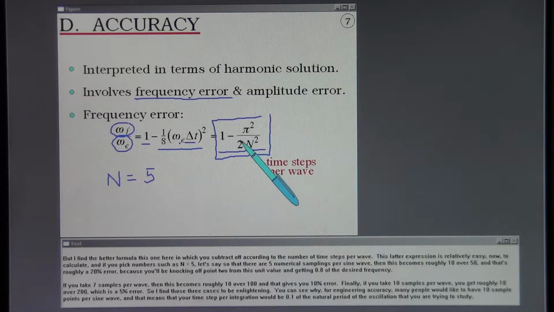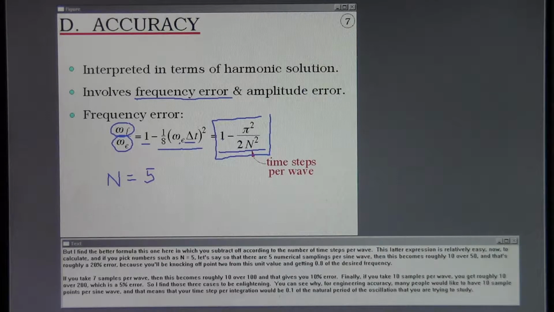So I find those three cases to be enlightening. You can see why, for engineering accuracy, many people would like to have 10 sample points per sine wave. And that means that your time step for your integration would be 1/10 of the period, the natural period of the oscillation that you're trying to study.